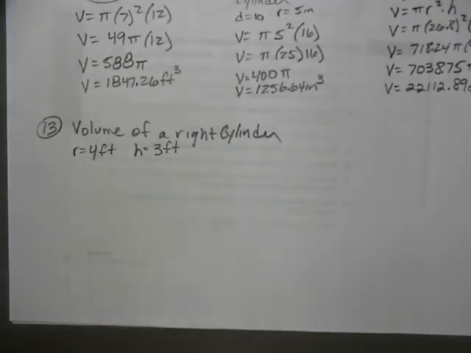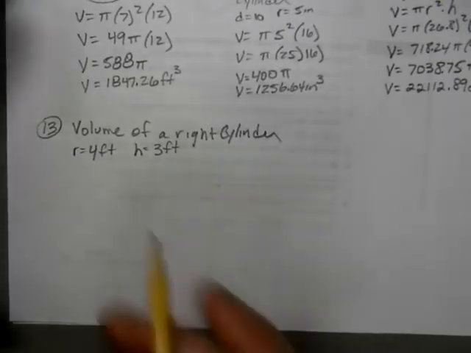For number 13, we're looking to see what's wrong with how the book solved number 13. They used the formula for the area of this right cylinder as 2 pi r. Well, that's the problem. 2 pi r is the circumference. That's not the area of a circle.